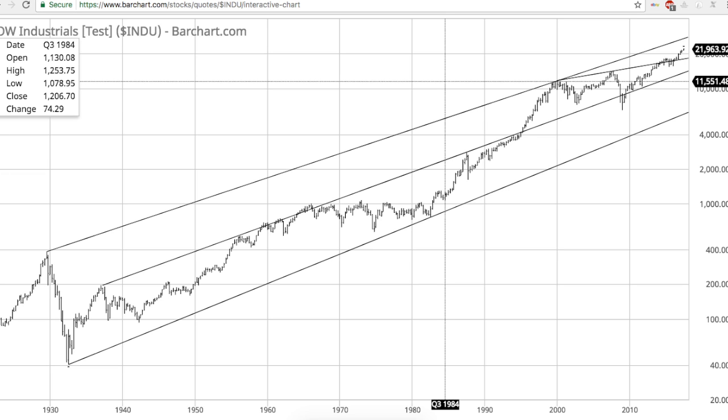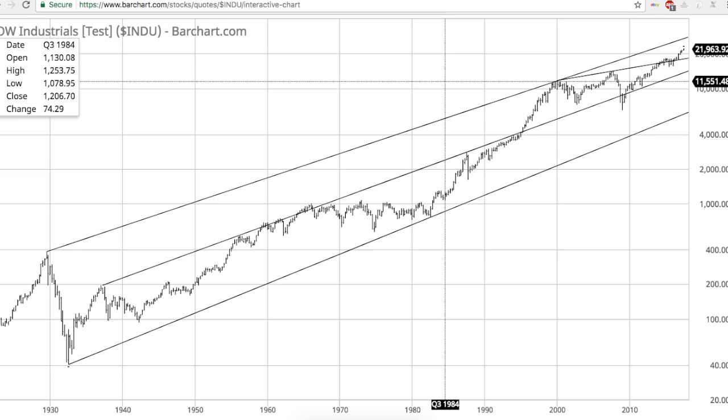But as you can see, percentage-wise, it's not a huge move compared to what we saw in the 1920s. This has been more gradual, since the bottom in 1932. What else?